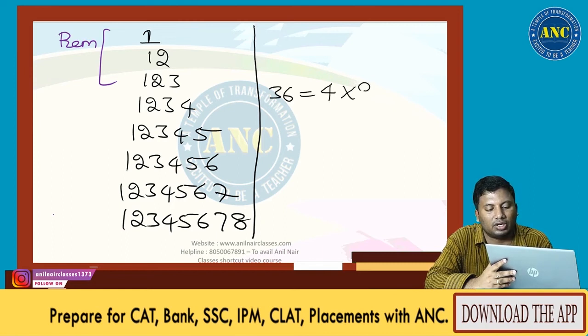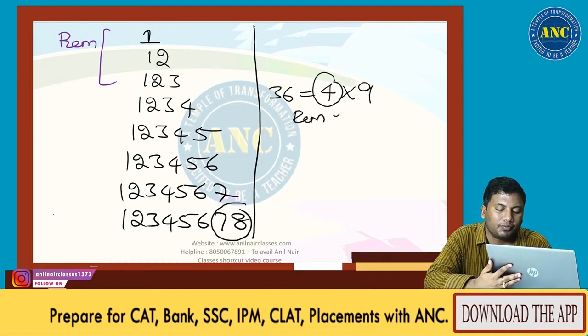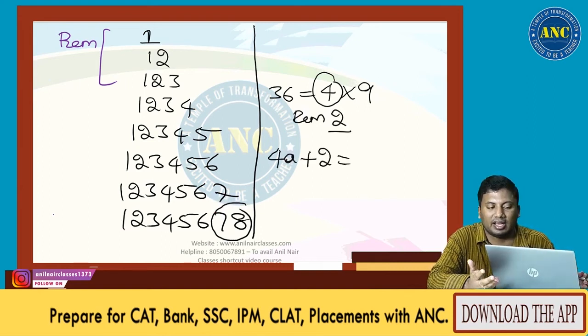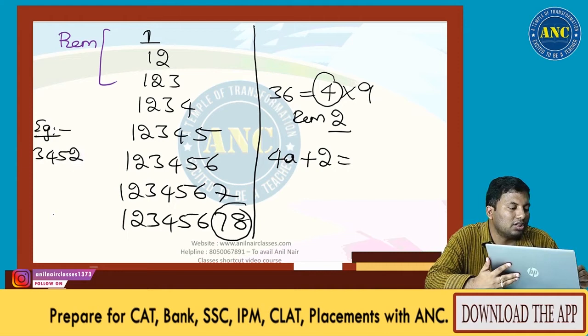36 is 4 into 9. For 4, the last 2 digits should be considered: 4 19s are 76, remainder 2. So the first case is 4a plus 2. Second case, it is divided by 9. For 9, this is a very good example: 3, 4, 5, 2. 3 plus 4, 7, 7 plus 5, 12, 12 plus 2, 14, which is 5.